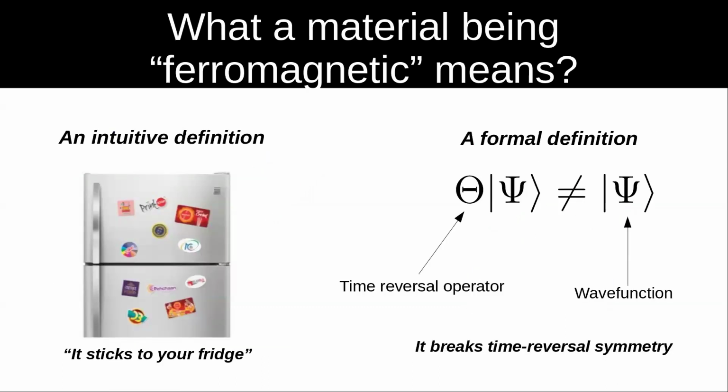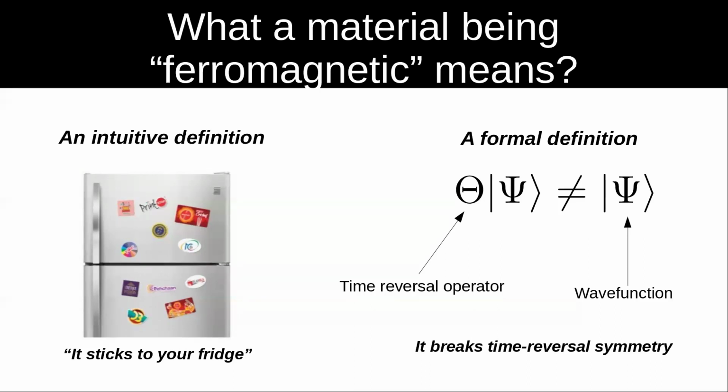Okay, so now let us think a little bit more about magnets, and in particular about these materials that break time reversal symmetry. So the typical way in which we think about magnets is that it is something that attracts some metals. For example, you can think that magnets are these things that stick to your fridge.